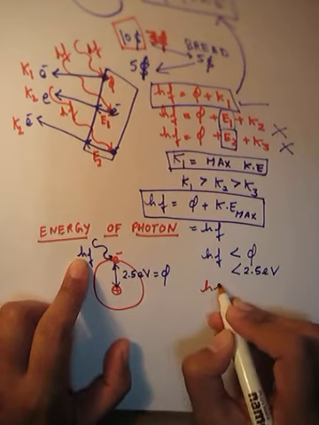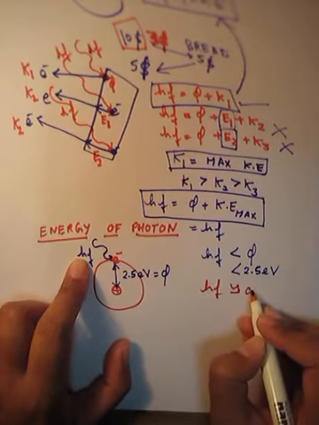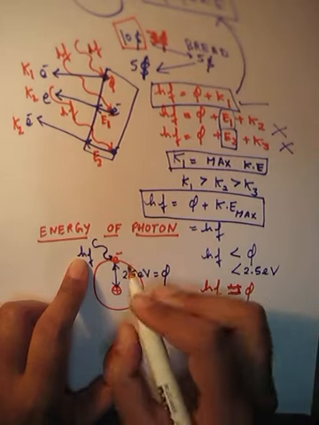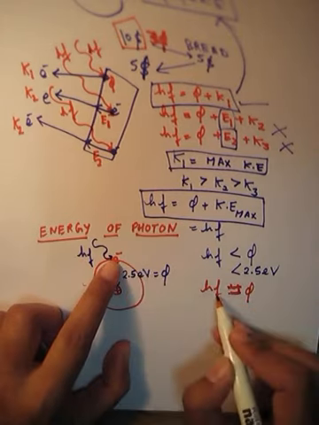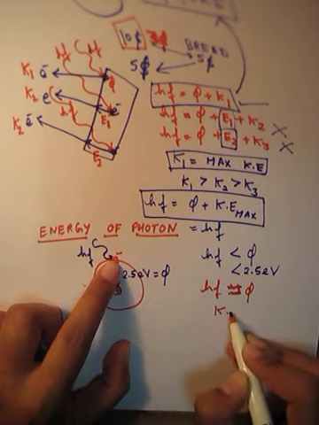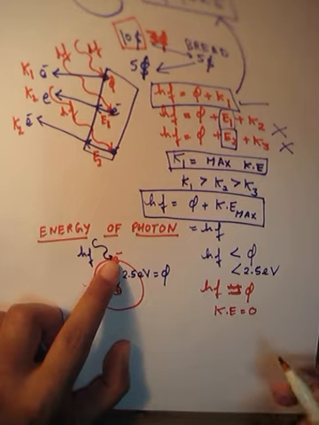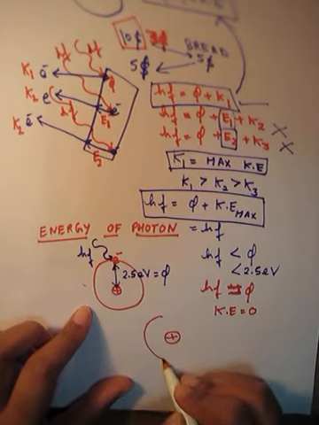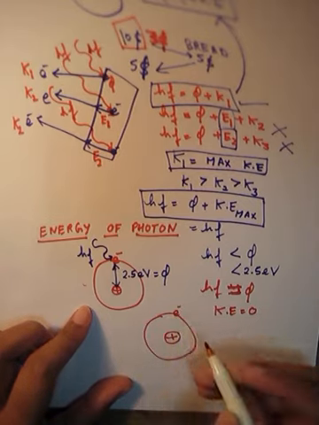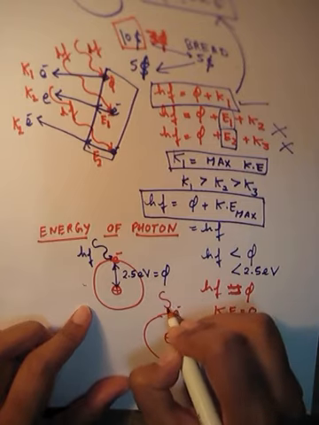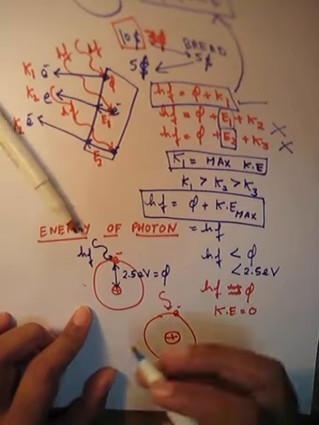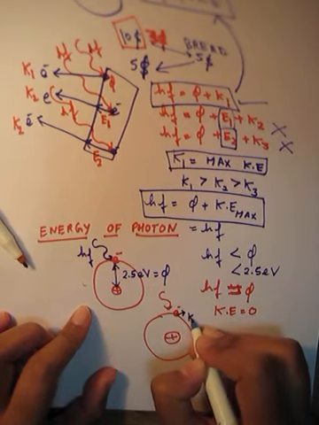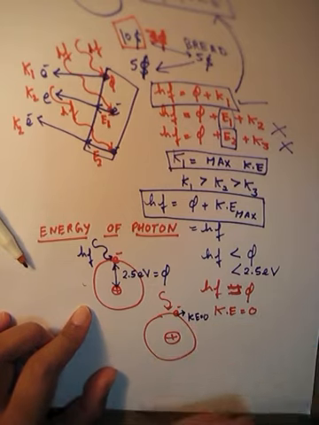But if hf is just equal to the work function, you will get an electron, but the kinetic energy of the electron will be 0. So the photon will fall on this electron, and the electron will just come out, but it will not have any kinetic energy.